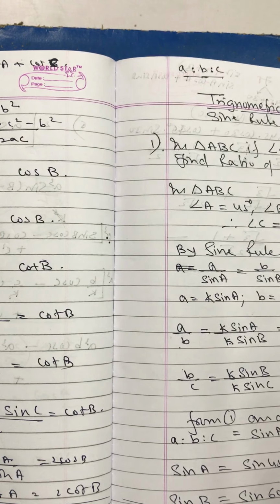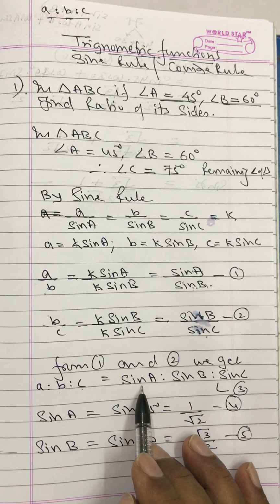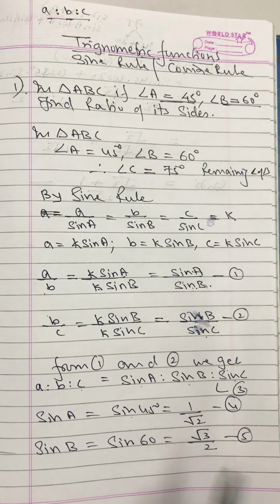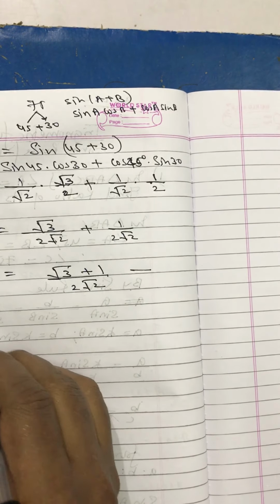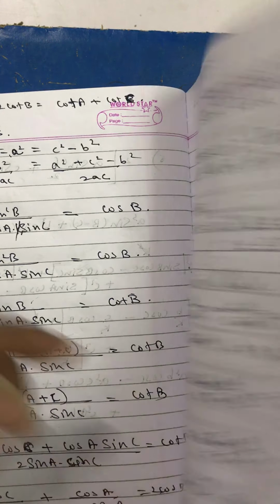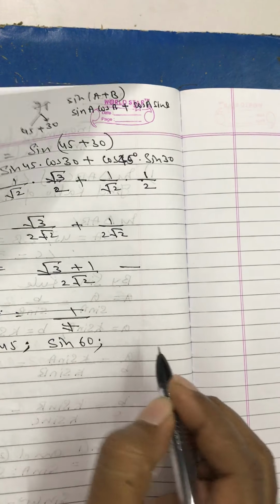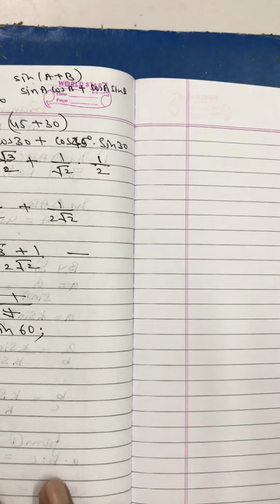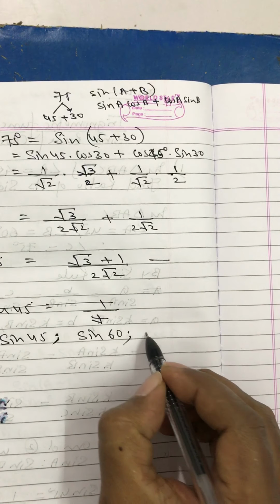Basically now I have to shift them as A is to B is to C is equal to sine A, sine B, sine C. Sine 45 is equal to 1 upon root 2. Now if I write it over here for you all to understand in a better way. Sine 45 is 1 upon root 2, sine B is sine 60, and sine 75 is root 3 plus 1.